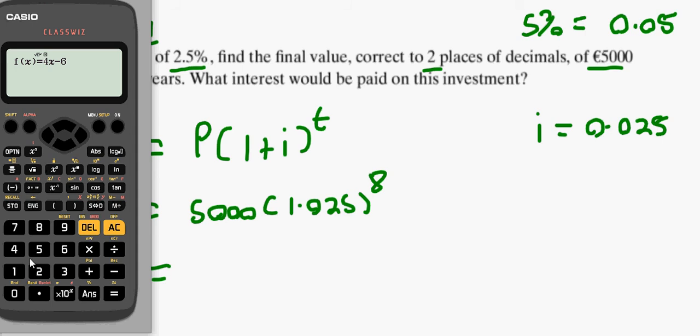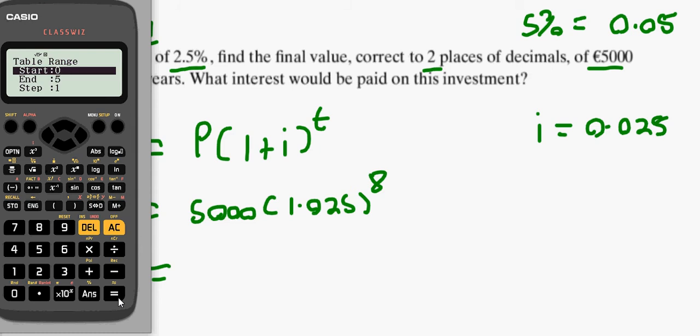Actually, I'm going to use the table function. I'm going to use x. See 1 plus I? I'll use that as 1.025. And I'm going to show you a bit of a bonus question while I'm here. 1.025 to the power of x.